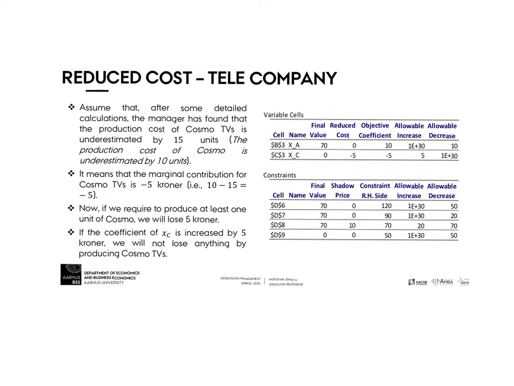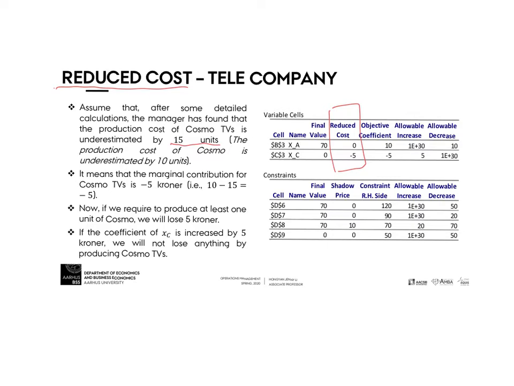In this example, we look into a new concept, a new result in the sensitivity report called reduced cost. You can find the value in the reduced cost column. So now we take an example. Assume that after some detailed calculations, the manager has found that the production cost of Cosmo TVs is underestimated by 15 units.